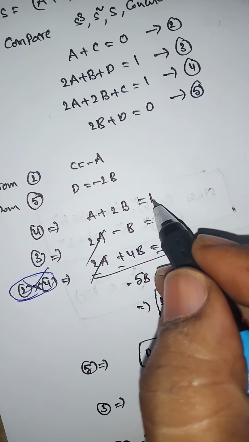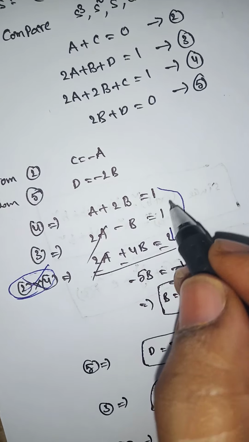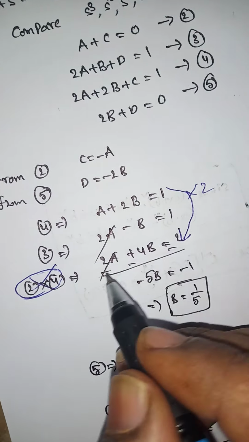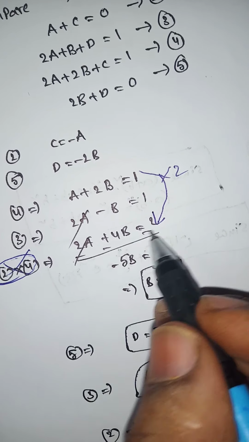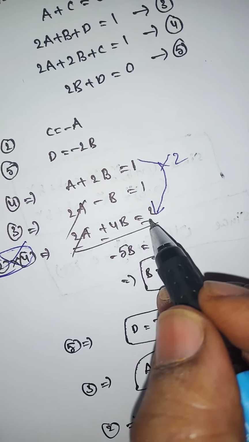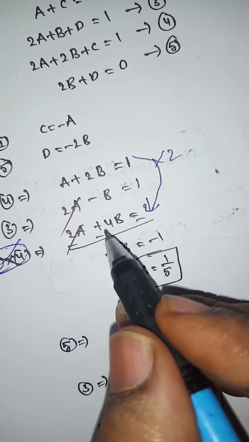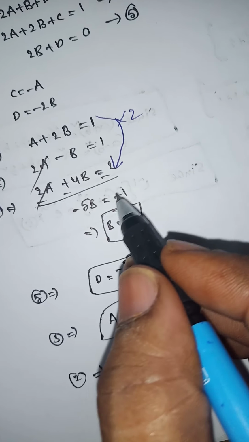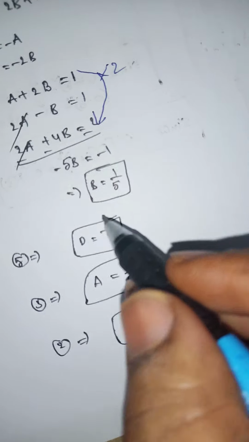What will we get? 2a plus 2b, 2a plus 4b equals 2. Solving the equations, 2a minus 2a cancel, minus b minus 4b equals minus 5b, 1 minus 2 equals minus 1, so b equals, minus minus cancel, 1 by 5.